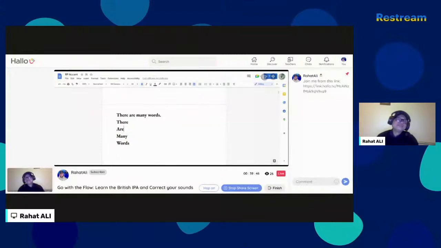Many, M is a consonant sound. Again, Y is a semi-vowel, W is a semi-vowel too. There are many words.